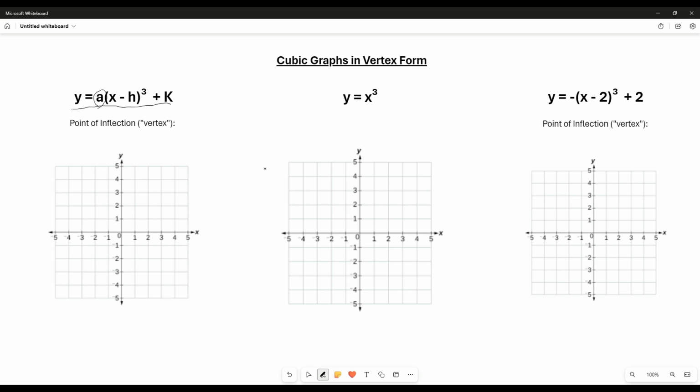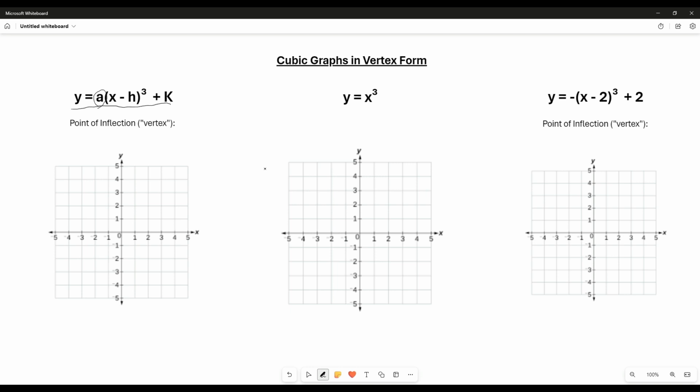X is just X, because it's Y according to X. H is going to be the X value of your vertex, and K is going to be the Y value of your vertex. So what does this mean?